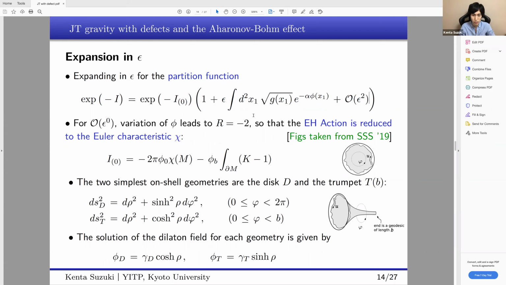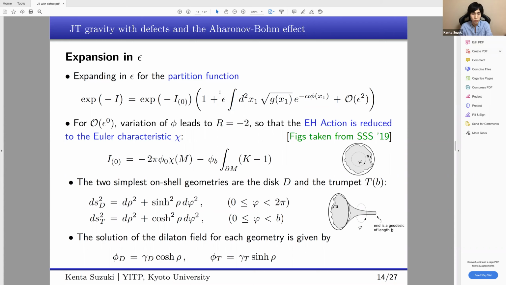Again, we have R equal to -2, and the on-shell action has this topological contribution coming from the Einstein-Hilbert action plus this boundary contribution. The on-shell geometries are this disk geometry and trumpet geometries. The corresponding background solutions are given by this expression.